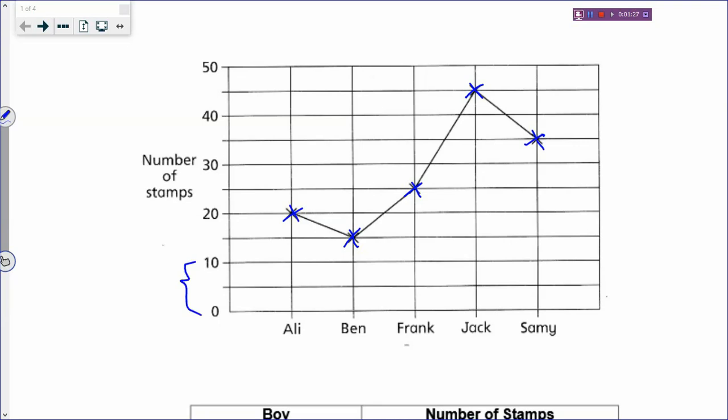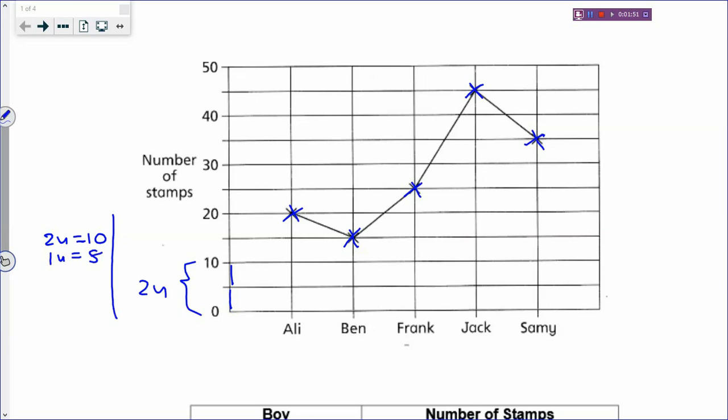You have to count the gaps. You must know how many units there are. There are two gaps here, and two gaps is equal to 10. So one gap is 10 divided by 2, so one gap is 5. You have to do this first before you look at who has how many.